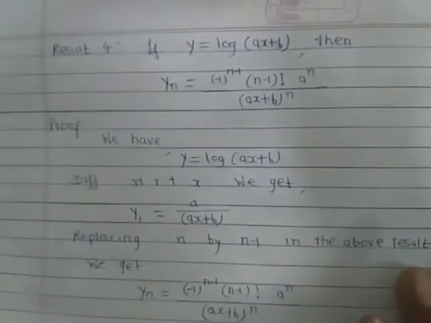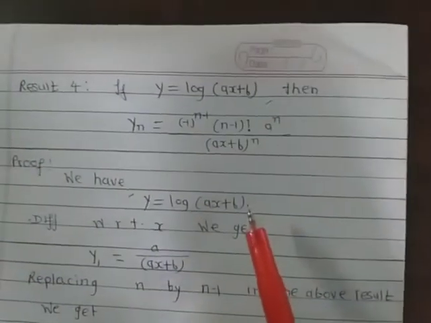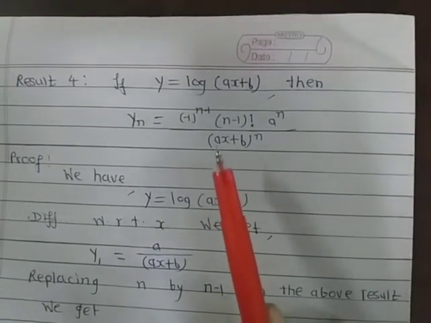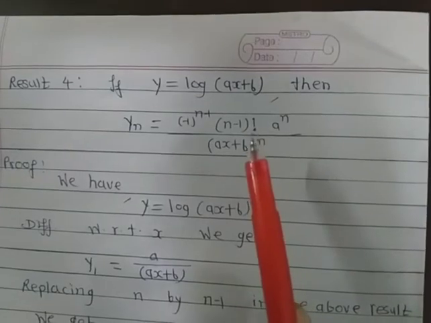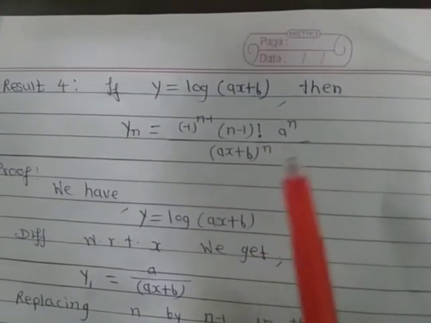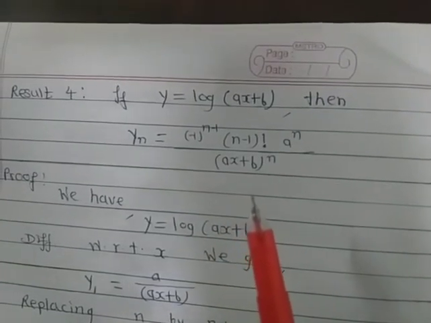Now consider the next result. If y equal to log of (ax + b), then prove that yn equal to minus 1 raised to n minus 1 into (n minus 1) factorial into a raised to n divided by (ax + b) raised to n.